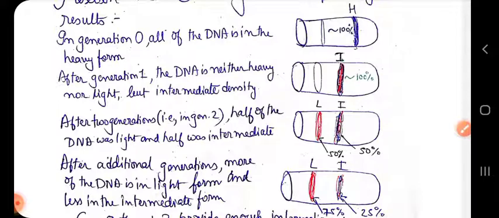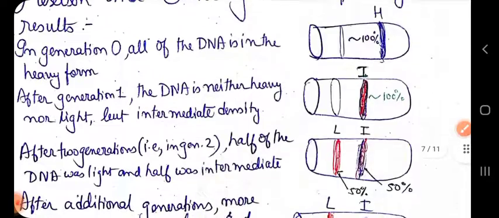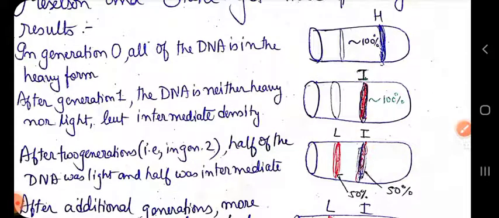Now, after generation 1, the DNA is neither heavy nor light but intermediate. Why does it occur? It occurs because the sample was transferred from the N15 medium to the N14 medium. So the bacterial cells that contain DNA labeled with the heavy form of nitrogen are now placed in the medium containing the light form of nitrogen.